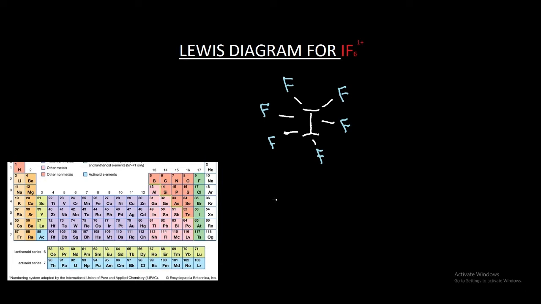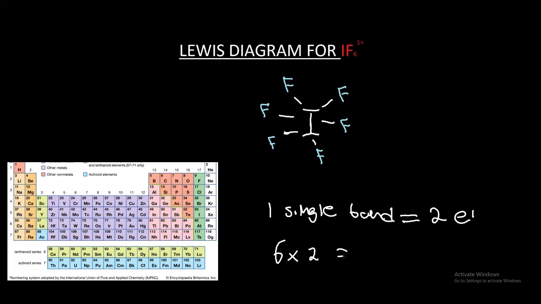Remember, one single bond accounts for 2 electrons being used. So if we count the amount of single bonds, 1, 2, 3, 4, 5, 6, 6 single bonds. Each single bond has 2 electrons, so 6 times 2 equals 12. 12 electrons are being used within the single bonds.